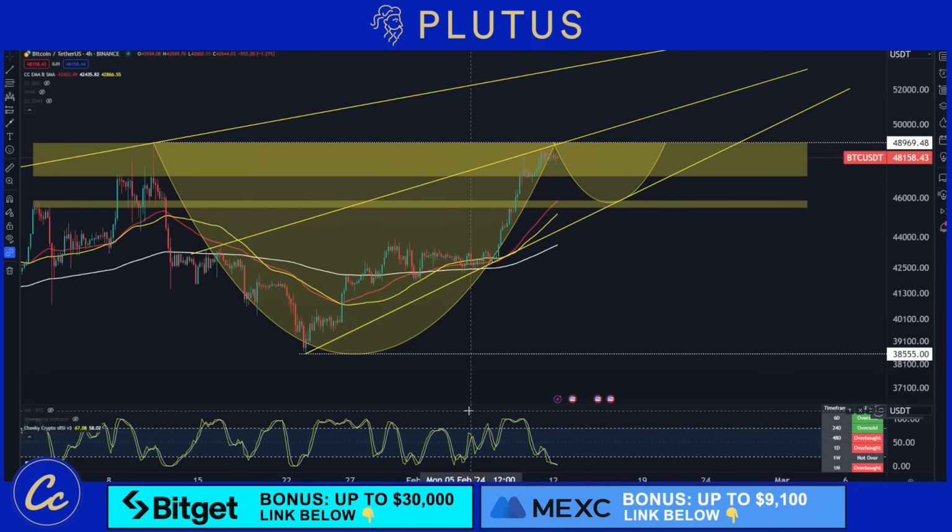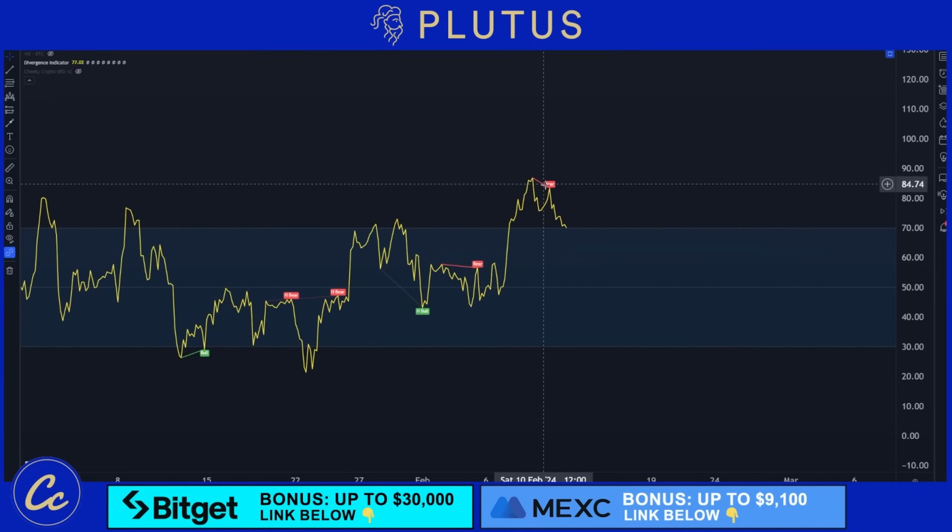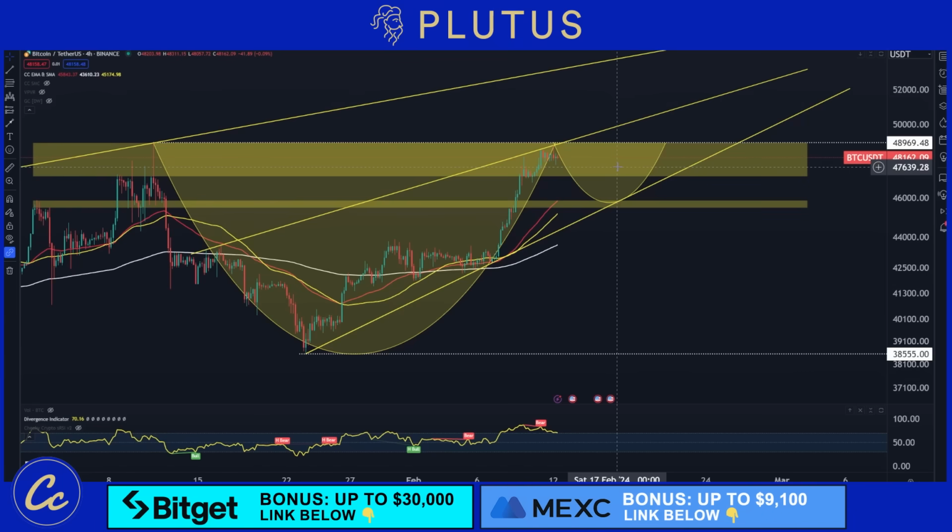Now, if I come back up into our divergence indicator here, you can see that we've got some bearish divergence appeared on the charts. So this is again leading us into that idea that we are going to be looking for moving down into that handle of the cup and handle pattern.